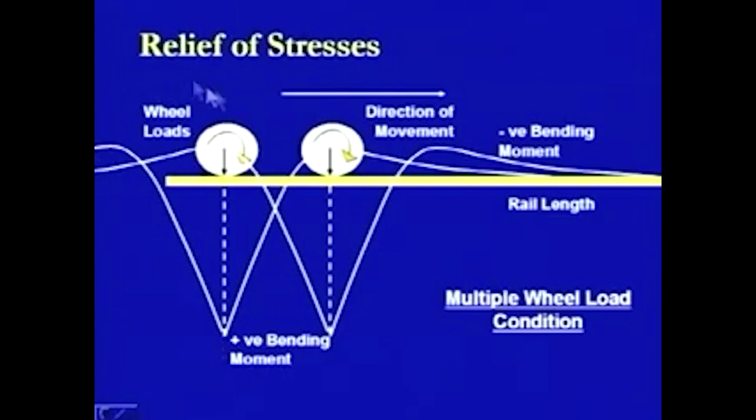Now, when we are looking at all these reliefs of stresses with respect to this type of condition where the overlapping of the bending moment diagrams is there, because of that overlapping we are getting the advantage in terms of relief of stresses. There are certain controlling factors which we can see from this diagram itself.